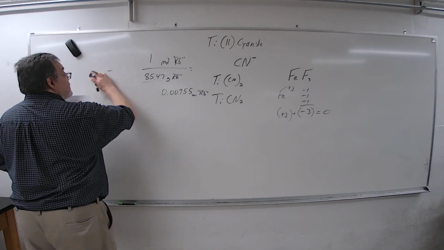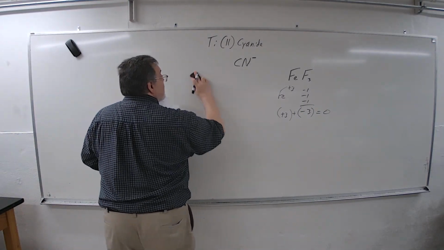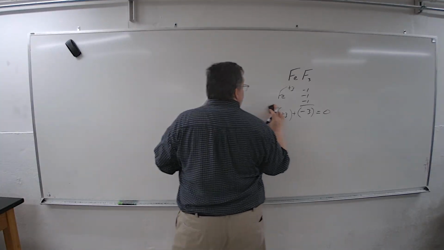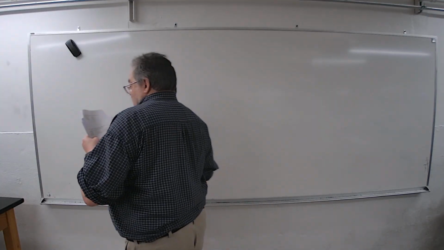How many moles of aluminum? 488.26 moles.